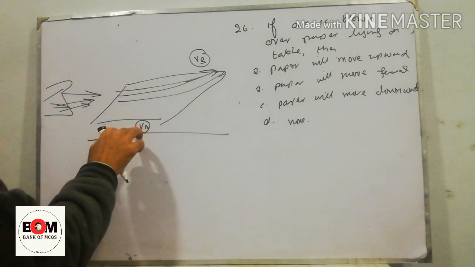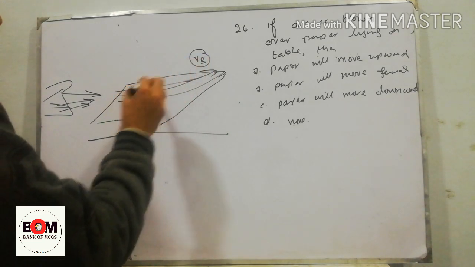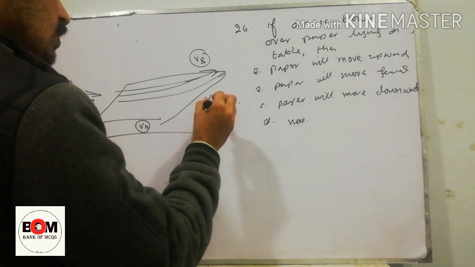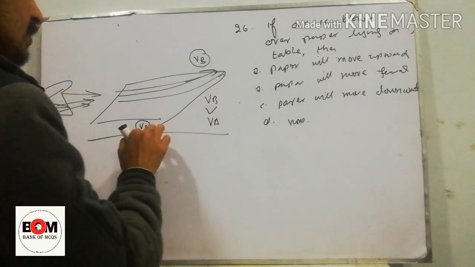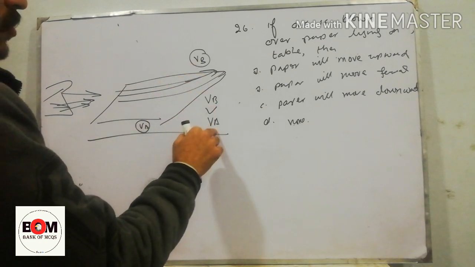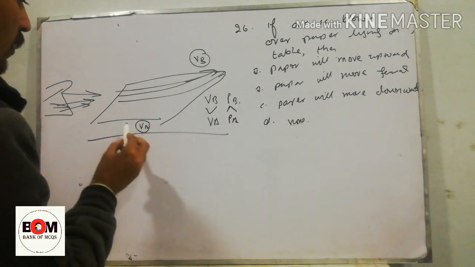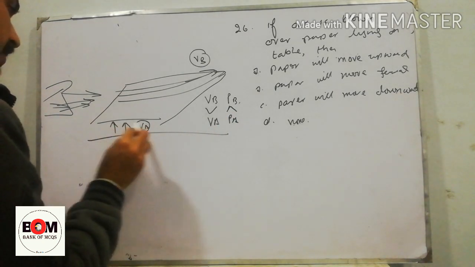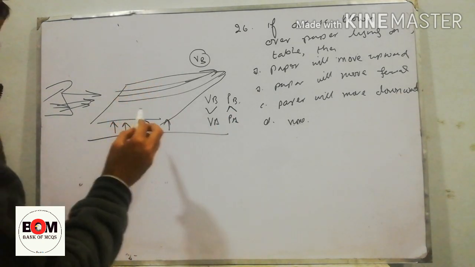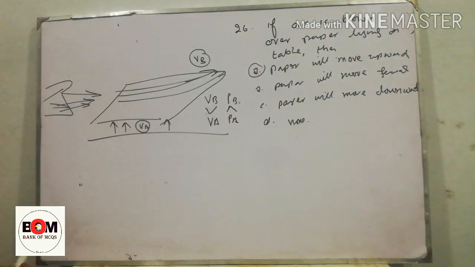Below, the air is stationary or there is no air, and above, the air is moving with velocity VB, so VB will be greater than VA, and the pressure at point B will be less than PA. So an upward force will act on the page, and the page will move upward. So the paper will move upward if air is blown above the paper.